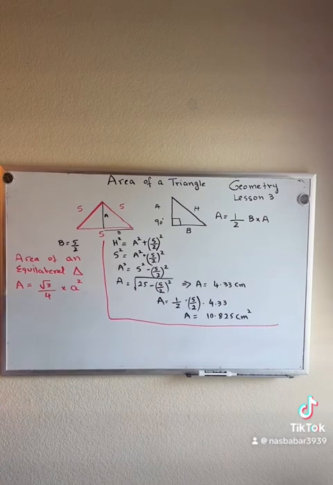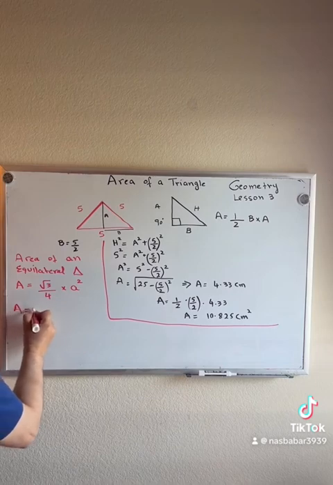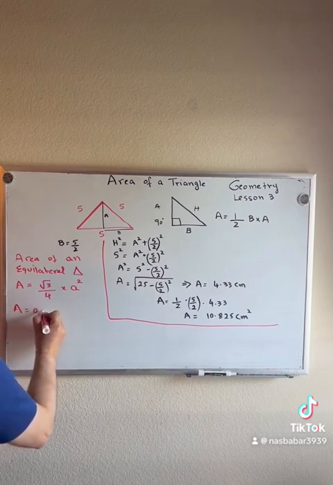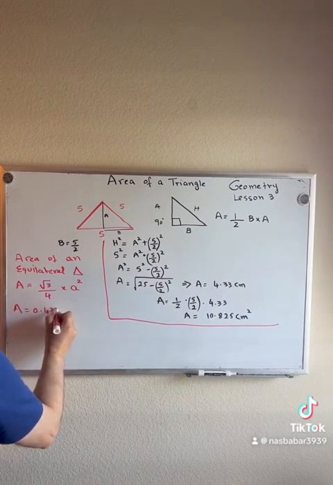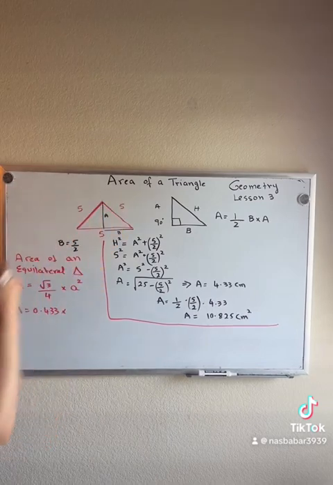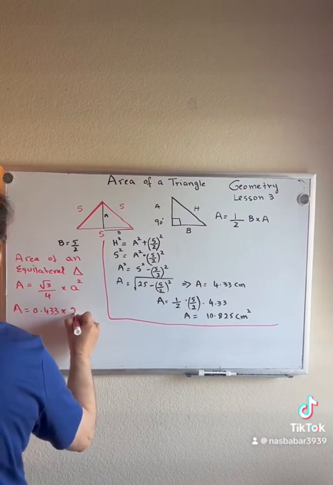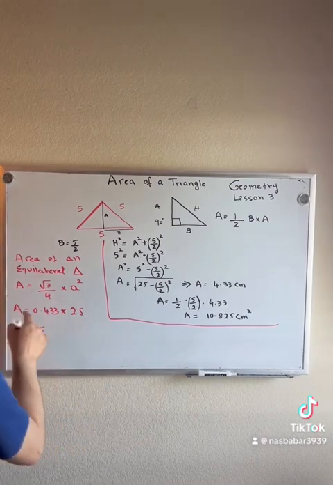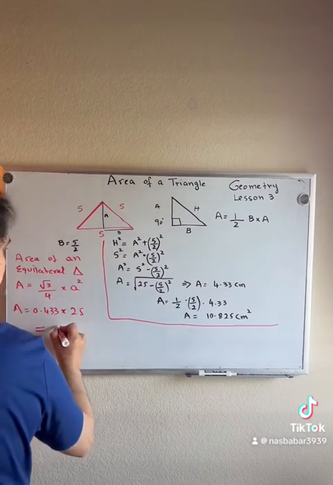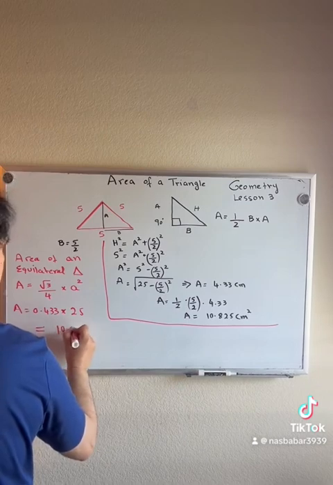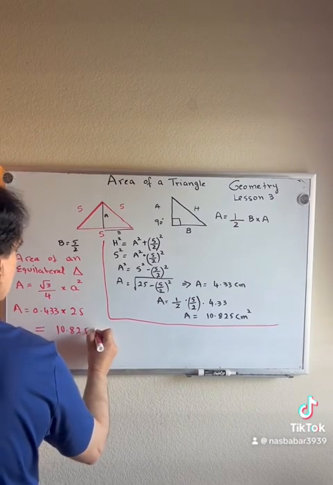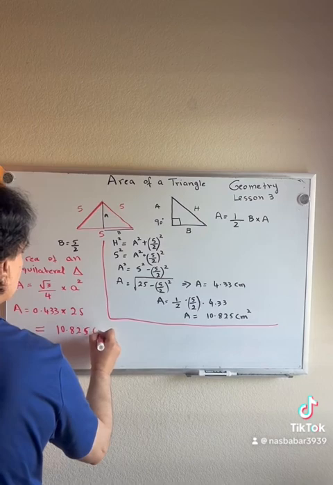Instead of going through all these steps, you can just use this formula. Let's do that. So √3 divided by 4 is equal to 0.433. You already know what the value of A is, 5. So 5 square is 25. And then when you crank this up, you get the answer 10.825 centimeters square.